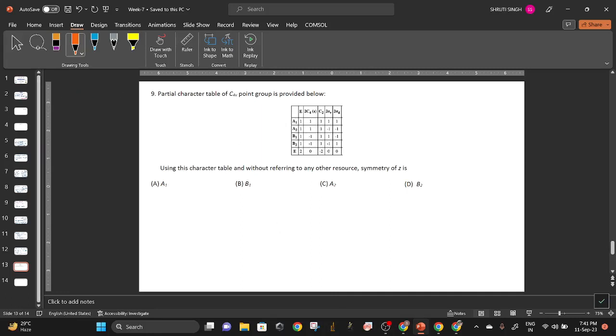So it is asking that the partial character table of the C4V point group is provided, and using this character table and without referring to any other source, we need to find the symmetry of Z. Now Z is a basis in XYZ coordinates.